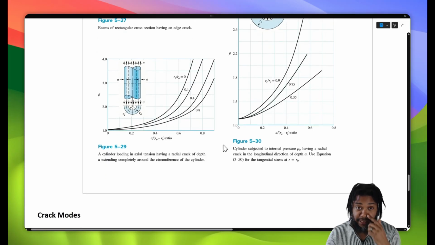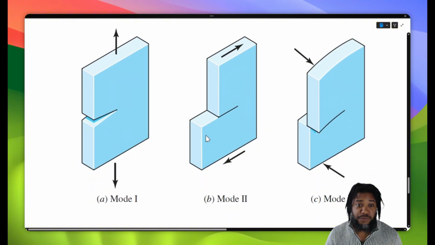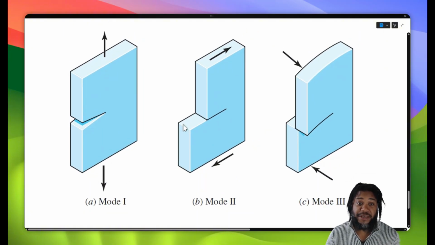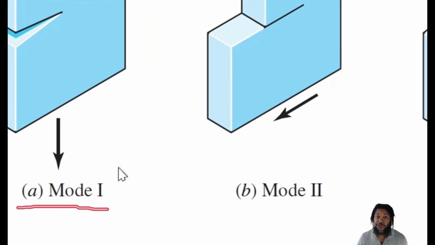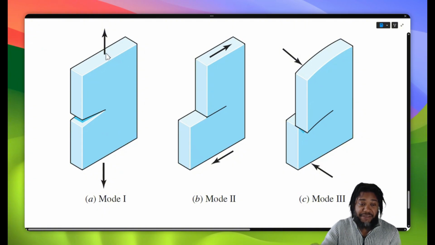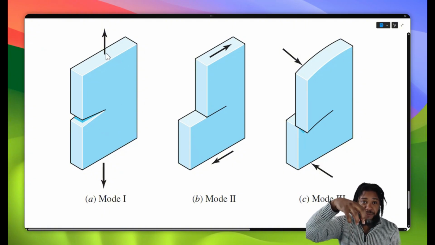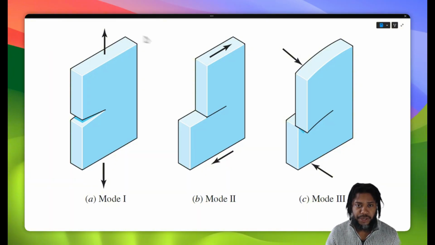And now finally, let's talk about cracking modes. The stress intensity factor that we derived was related to mode 1 cracking, a condition where we have an opening mode of our crack, where the load we are applying is perpendicular to the crack surface that we are opening. But there are also two other loading modes that we can see.